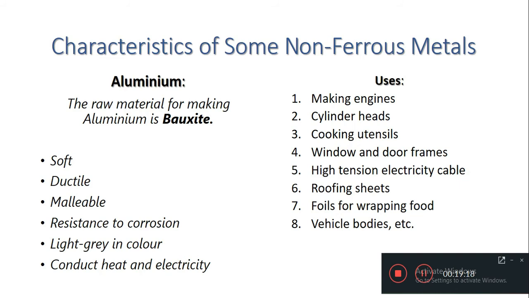So these are some of the uses of aluminium. Aluminium is also used in making vehicular bodies or car bodies. We also want to keep note of that. So low carbon steel is not the only metal that is used in making car bodies, but aluminium can also be used in making car bodies.